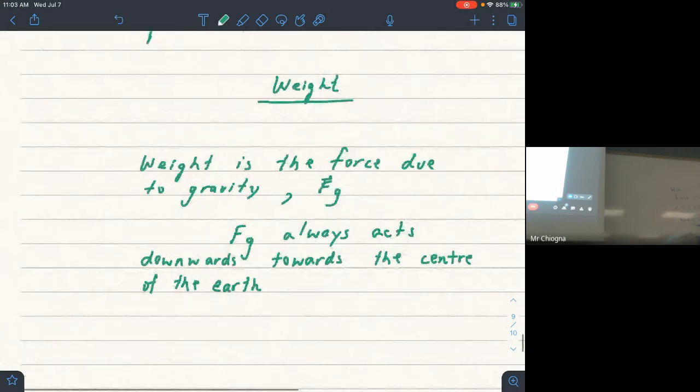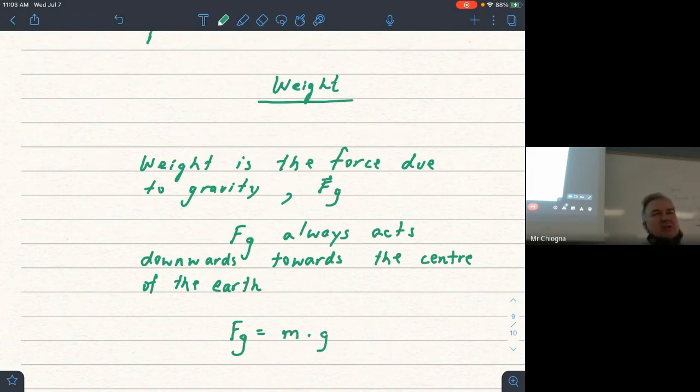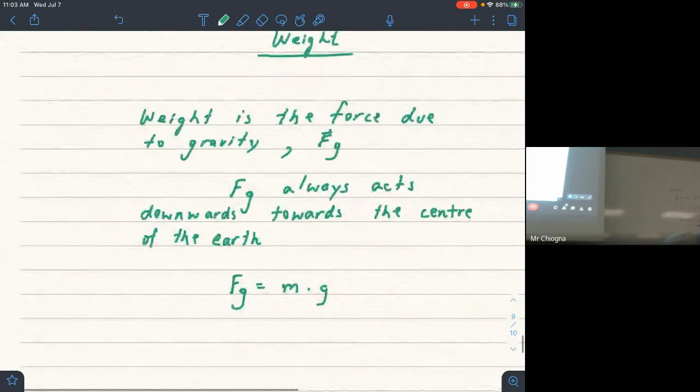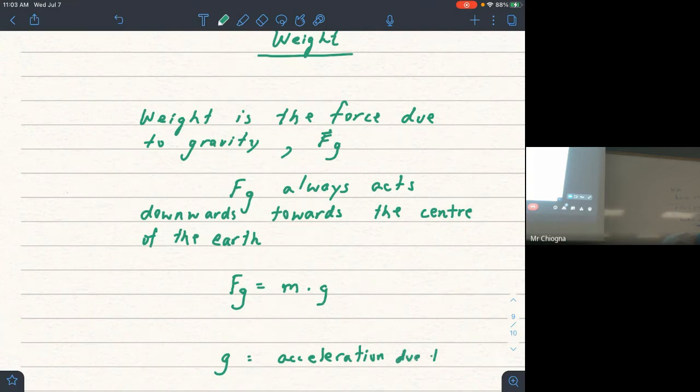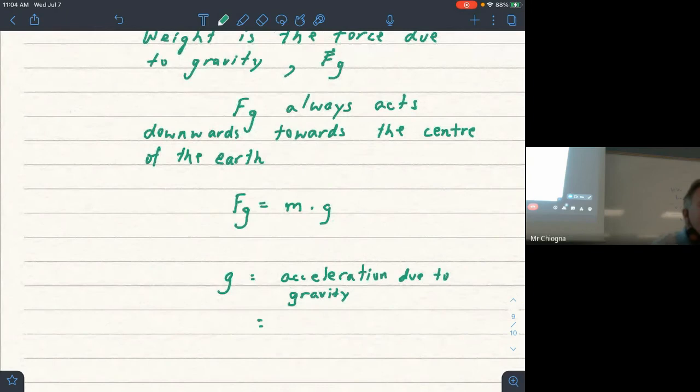Fg is equal to, this is the magnitude, I didn't put an arrow on top, m, the mass, times g, the acceleration due to gravity on whatever planet. On the Earth, it's 9.81, in meters per second squared.